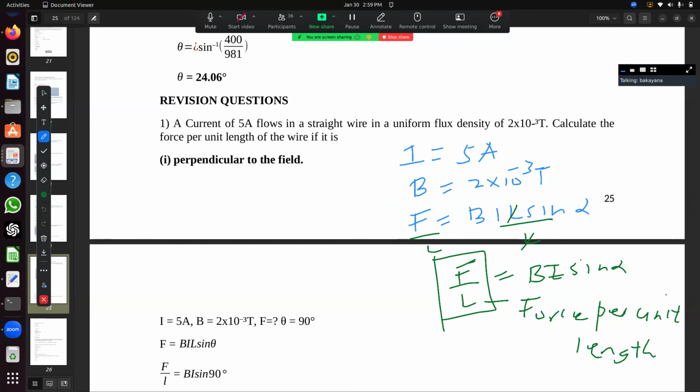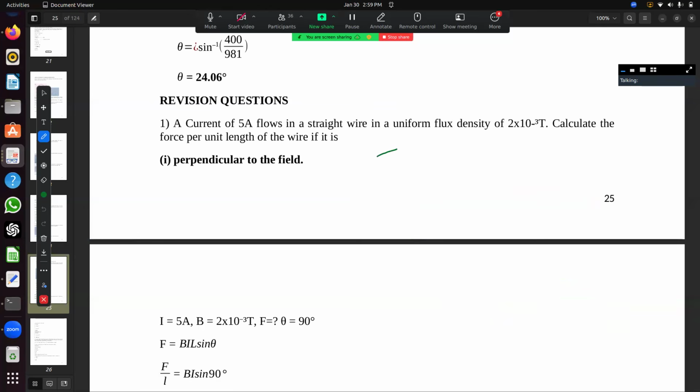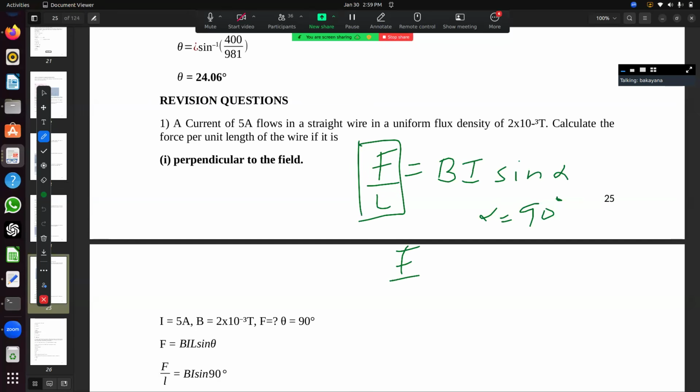So force per unit length is always given as magnetic flux density times the current times sine alpha. In case alpha is 90 degrees, then the force per unit length is simply magnetic flux density times the current. So yeah, that's what we have for this question. You can take notes.